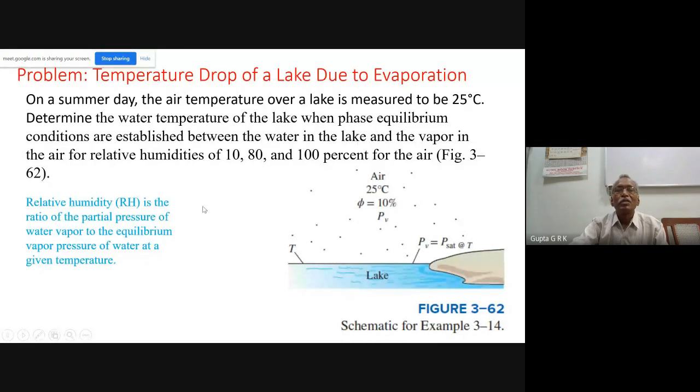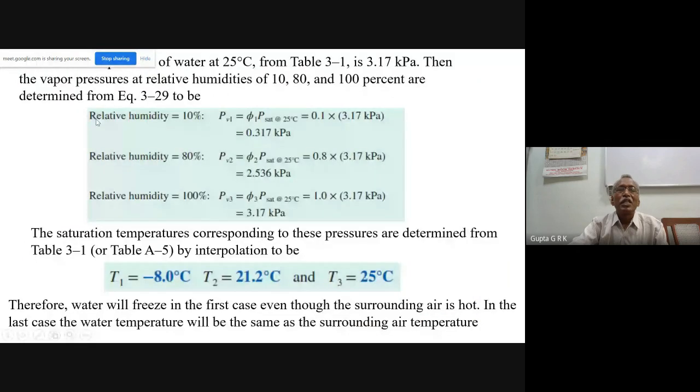So you can find out, for relative humidity 10%, the vapor pressure is equal to relative humidity times the saturation pressure at 25 degrees centigrade temperature. So this you can see from the saturation tables. It is 3.17 kilopascals. So I can calculate the vapor pressure. It is 0.317 kilopascals.